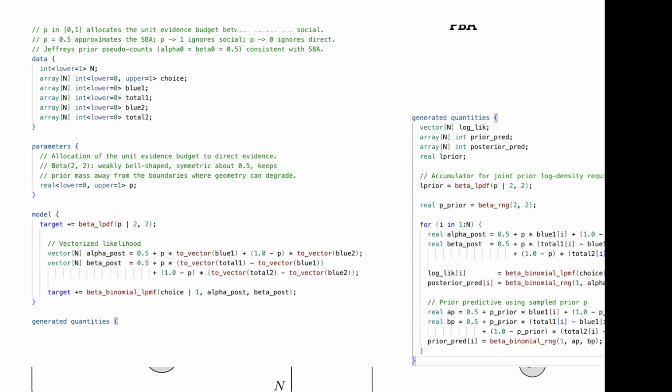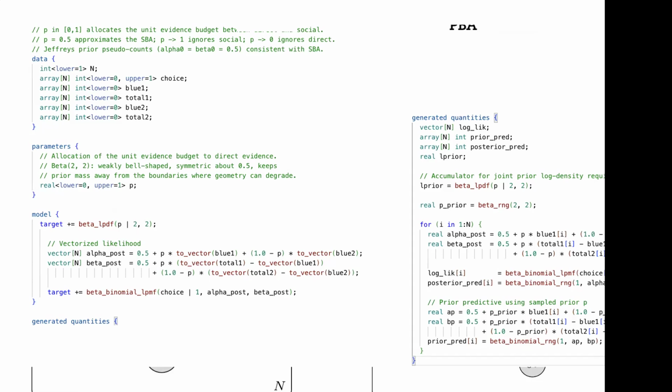Okay, let's try. So what we do now is we code these into Stan, just to show you how different it is. Basically, we can see that the data is exactly the same because we're not changing anything in the data.